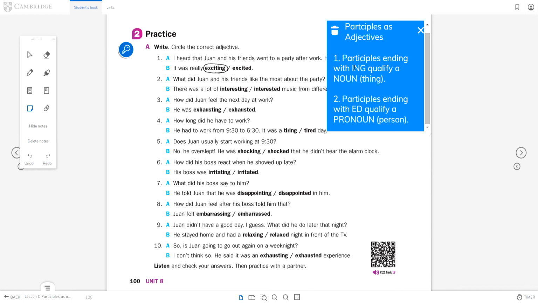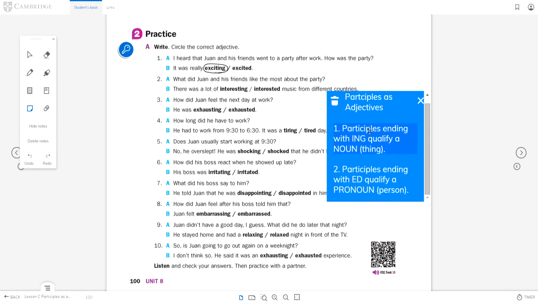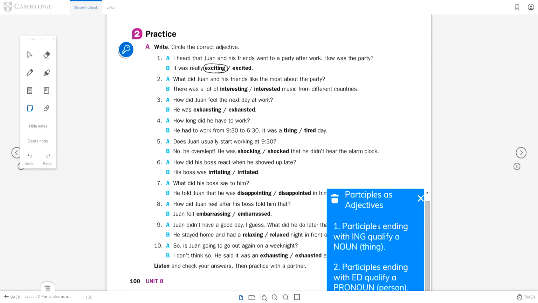I'm gonna leave this here so you can see. Look at the notes that I put here, and do the exercise.